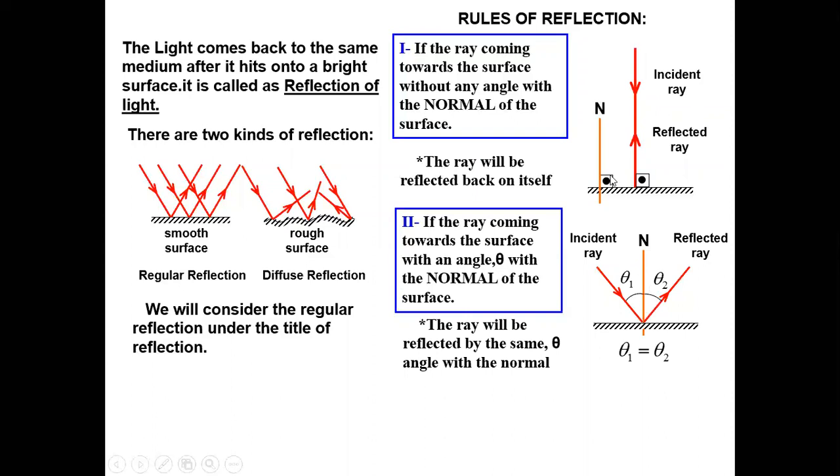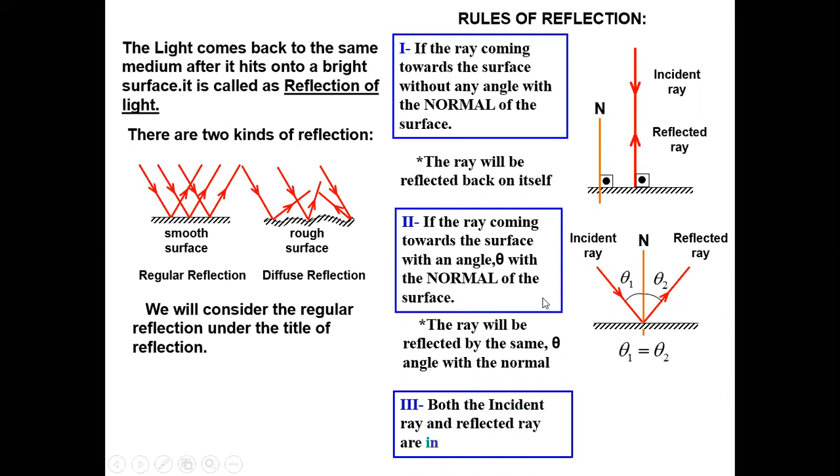When the surface is smooth, the reflection will happen at the same angle. For example, if here is 45 degrees, then here is also going to be 45 degrees. Okay, these are the two important rules of reflection.